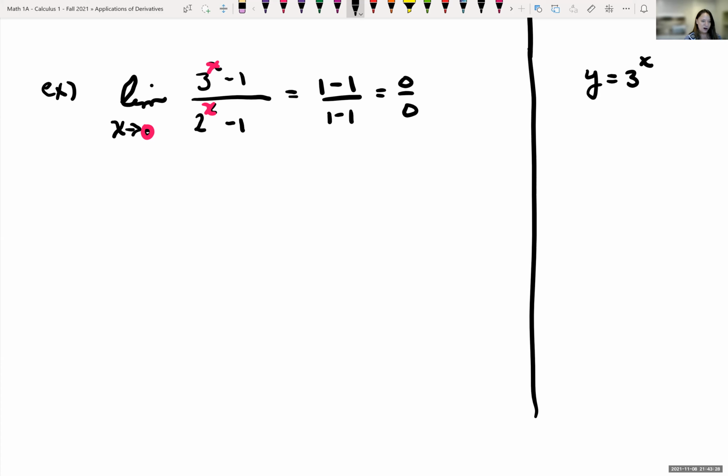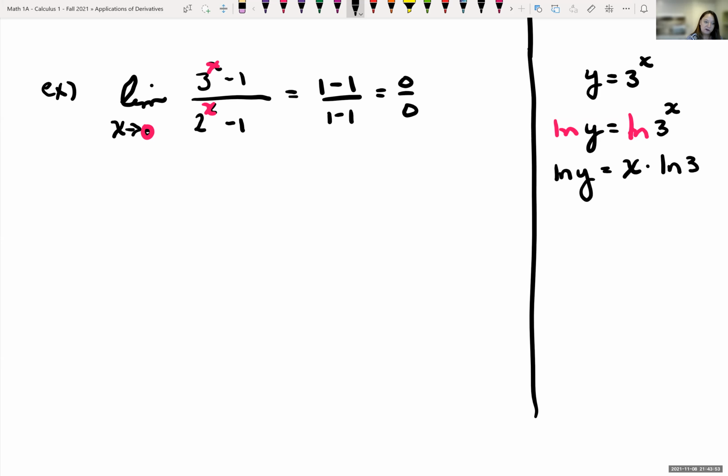So if you don't remember, we can quickly get this by taking the natural log of both sides. Let's use our rules of exponents to bring our exponent down front. So we have the natural log of y equals x times the natural log of 3.